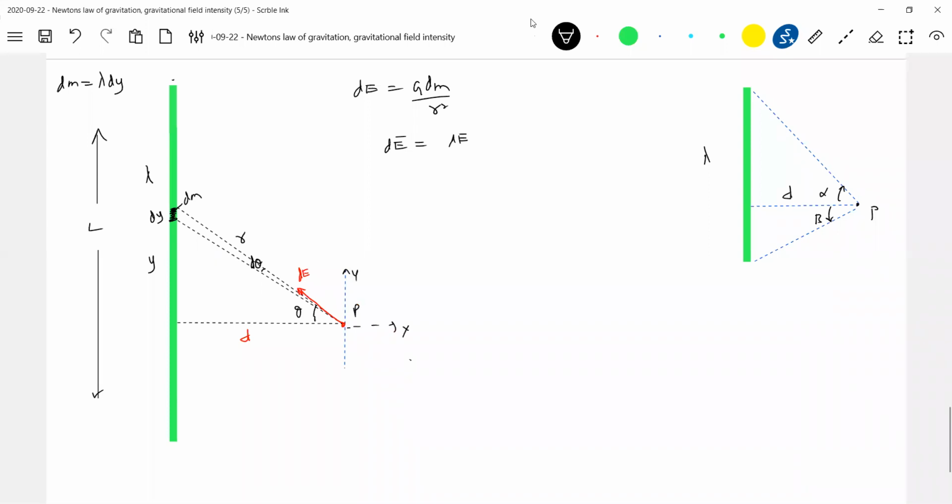So this will be dE x bar, G dm by r square, cos theta i cap.